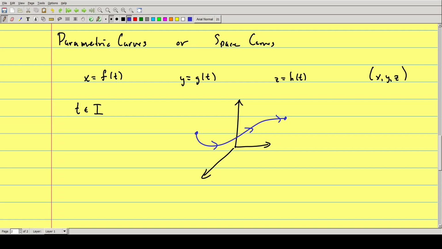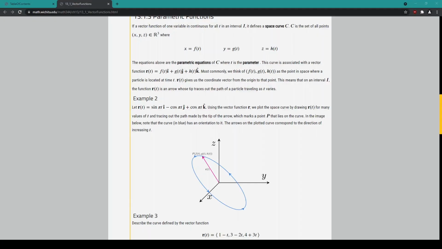So as an example of what one of these things looks like, we have example 2 here on the screen. Okay. This is an example parametric function, example space curve.